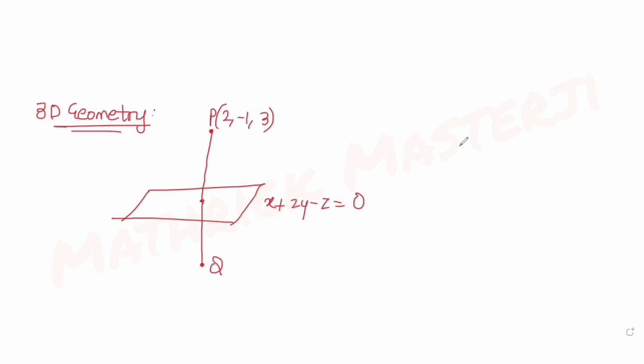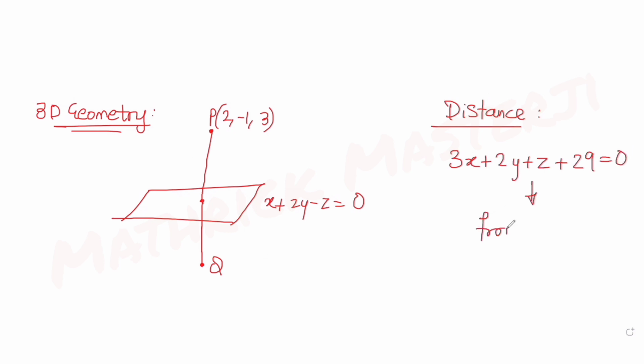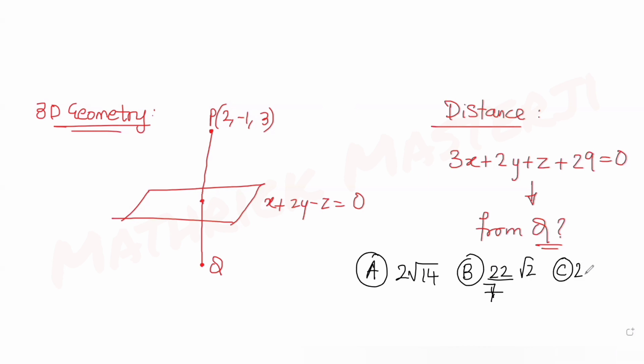Then we have been asked what is the distance of the plane 3x + 2y + z + 29 = 0 from point Q. So first of all, let's figure out the coordinates of point Q. The answer choices given for the distance are: 2 root 14, 22 over 7 root 2, 24 root 2 over 7, and 3 root 14.